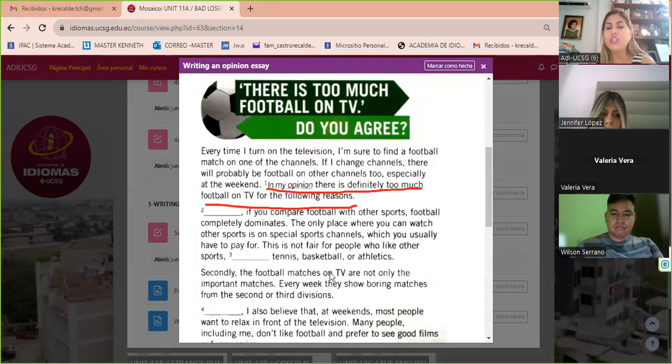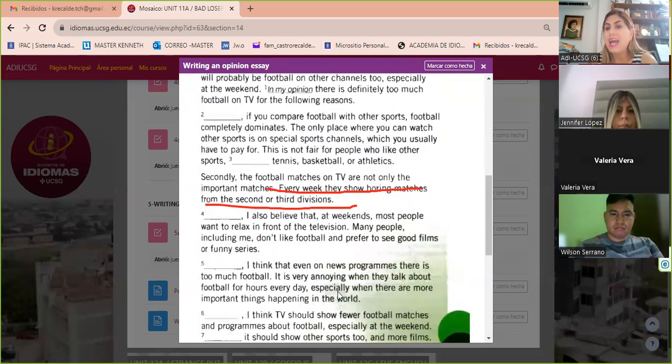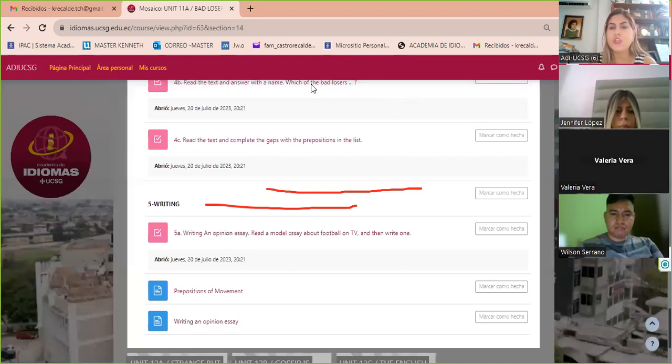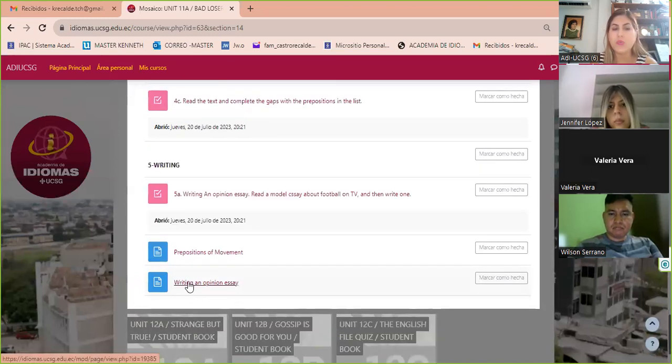Secondly, the football matches on TV are not only the important matches. And in the last paragraph, you have to restate your point of view and tell me the conclusion. Yeah? So this example is here. If you want to follow this model, it is here where it says writing an opinion essay.